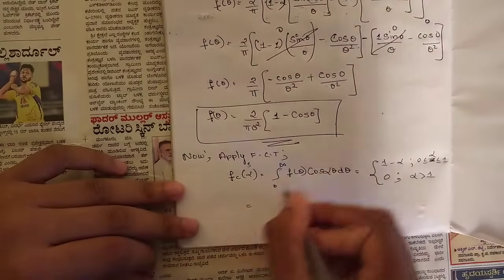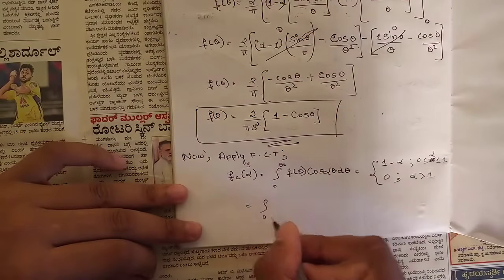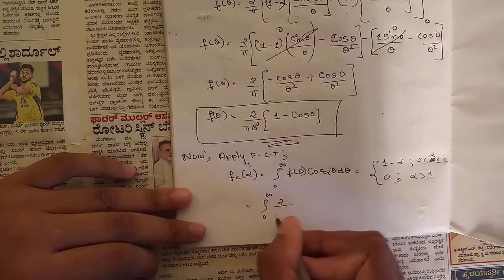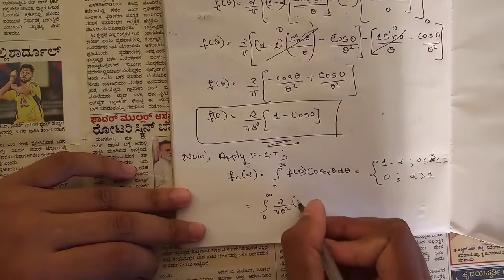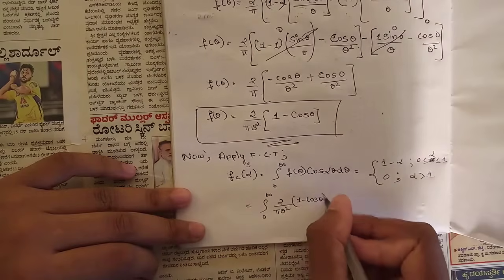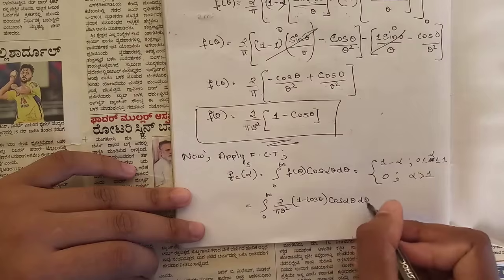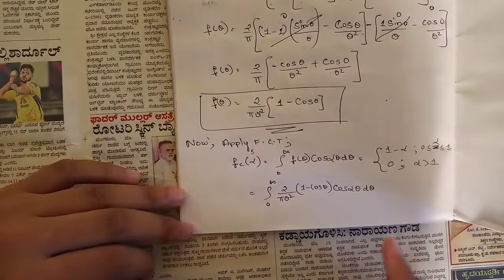So now substitute the value of f of theta which we have solved here, that is 2 by pi theta square into 1 minus cos theta into cos alpha theta d theta.